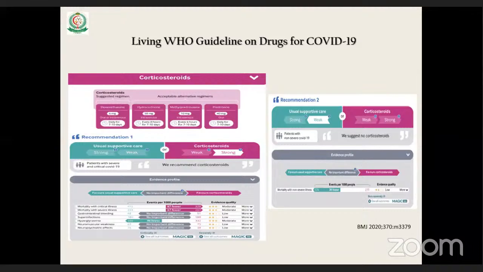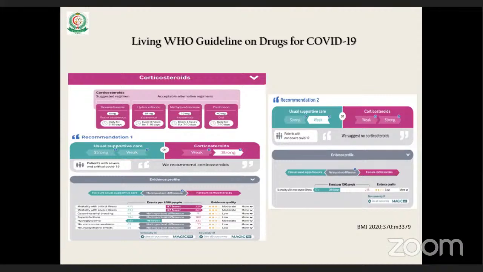Just quickly, I'll go through the latest guidelines from the living WHO guidelines. The strongest evidence now is for both the corticosteroids and the remdesivir. So in regard to corticosteroid, WHO, based on the systematic review and network meta-analysis, they strongly recommend using systemic corticosteroids in severe to critically ill patients.